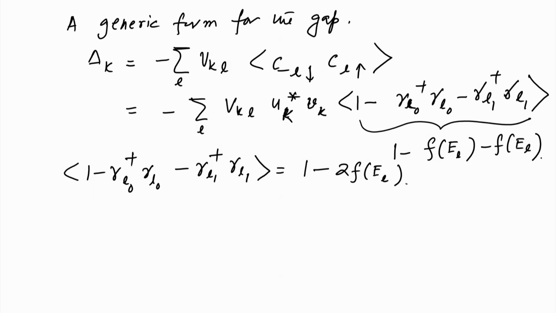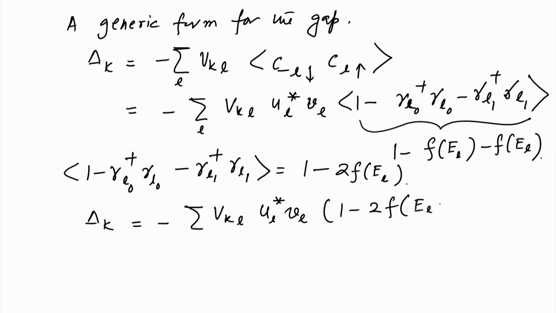So, delta k, putting it back into the gap equation, is equal to minus sum V k L U L star V L and 1 minus 2 f E L, and this is nothing but tan hyperbolic beta E L by 2.